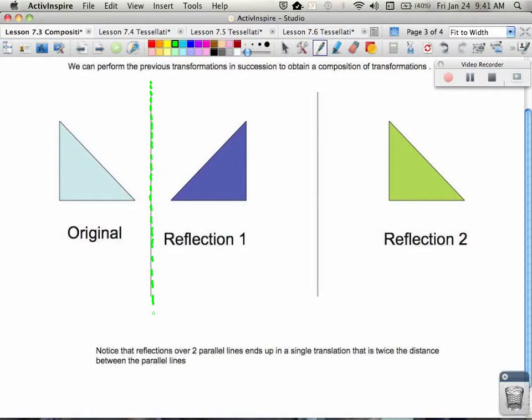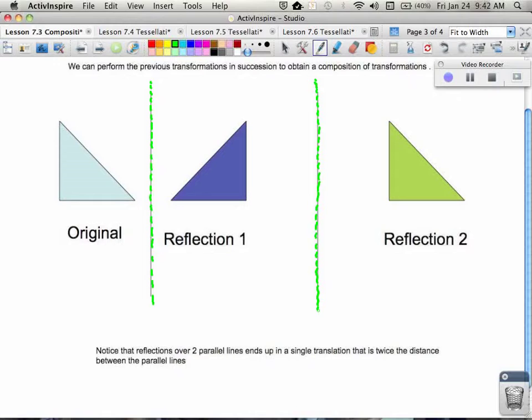But if I draw a line parallel to that original green line, so here's that parallel one, again in green, and I reflect the dark blue triangle over the second parallel green line, I end up with a translation that's twice the distance between the parallel lines.